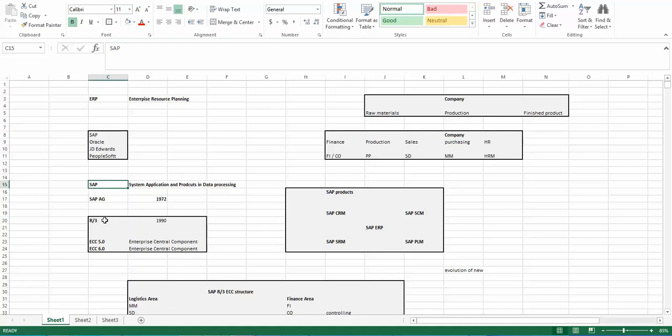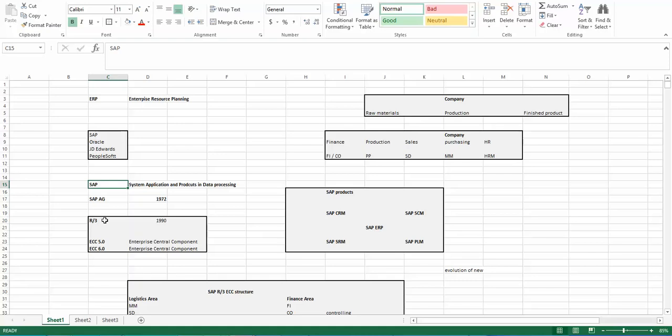The most widely popular version of SAP ERP is SAP R3. You might have heard many times, what is R3? R3 is nothing but a version of SAP ERP which was very widely popular, and most of the implementations happened during this period.